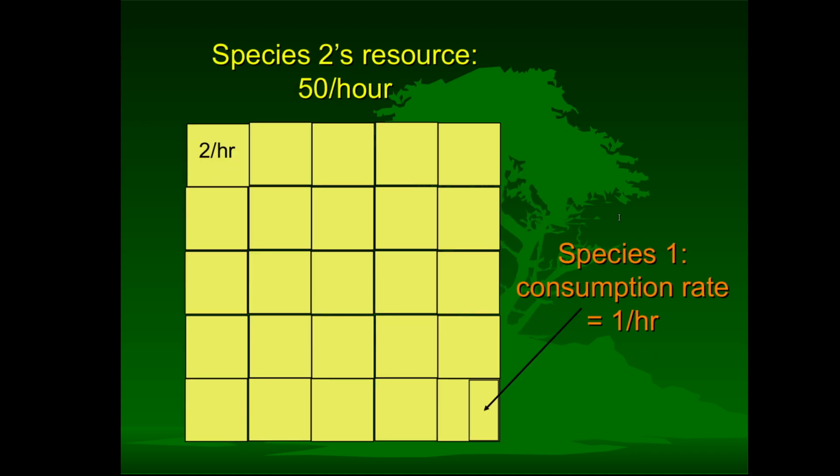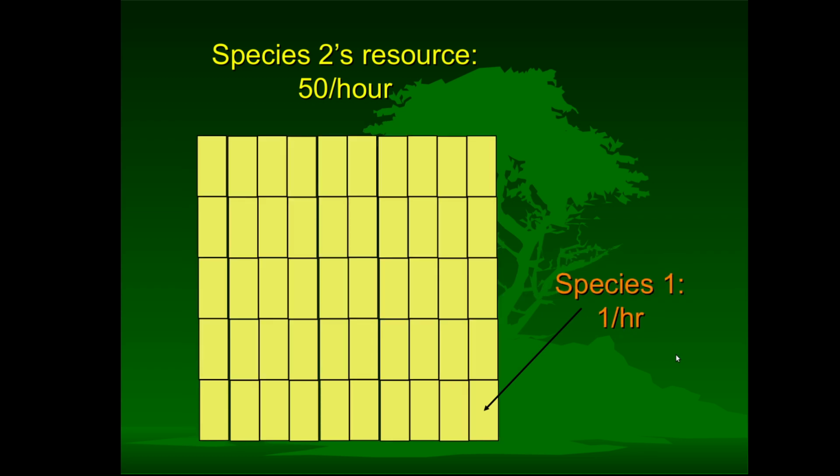Now let's say species 1 consumes species 2's limiting resource at a rate of 1 unit per hour per individual of species 1. What's the shutout level of species 1? Well, it's the number of individuals of species 1 necessary to completely shut out species 2. This is the number of individuals capable of completely consuming the entire supply of species 2's limiting resource. So how many individuals of 1 can consume 50 units per hour of species 2's limiting resource?